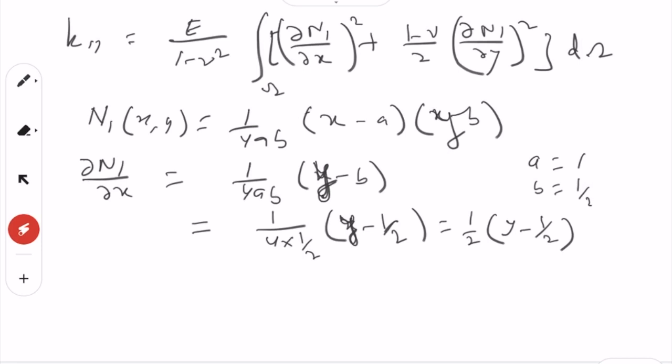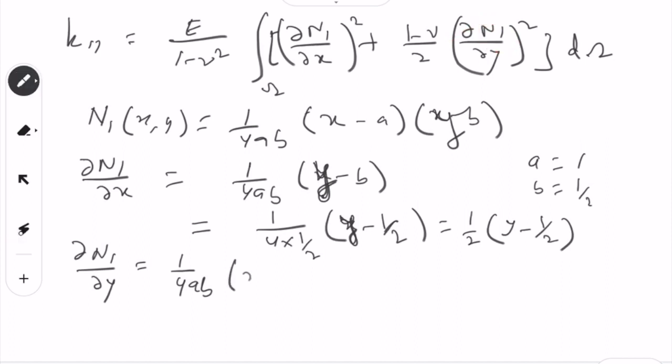So del n1 over del x is 1 over 2 times y minus half. Del n1 over del y is equal to 1 over 4ab and x minus a, which is going to be 1 over 2 times x minus 1. This is what we will get. So k11 can be calculated now.